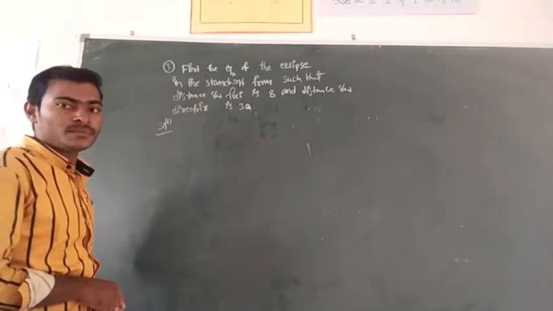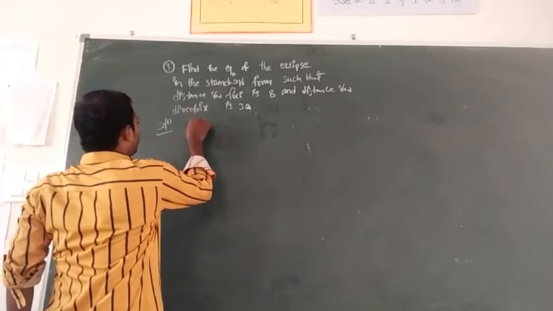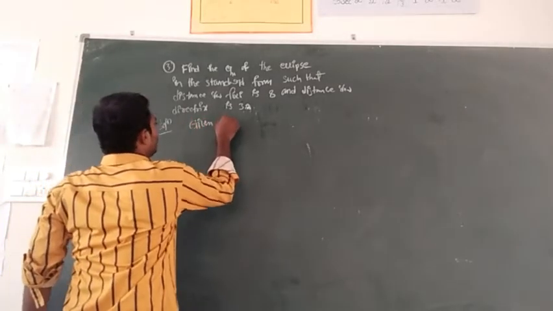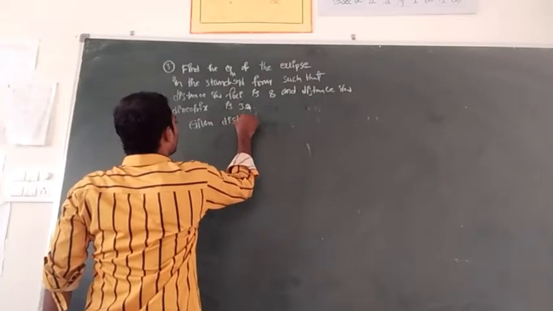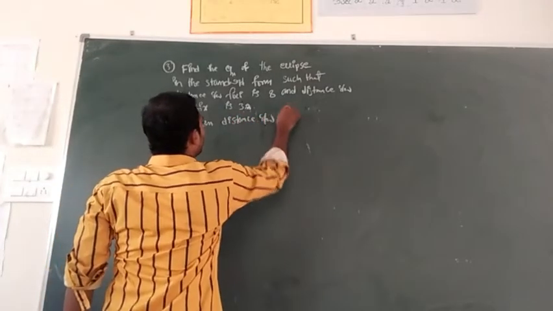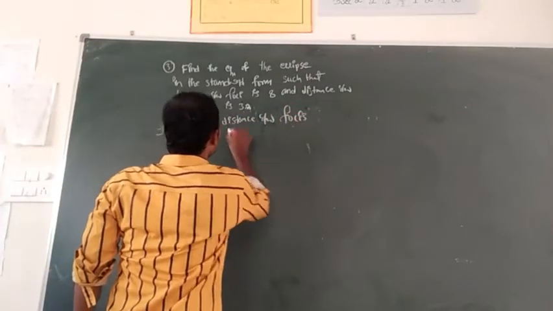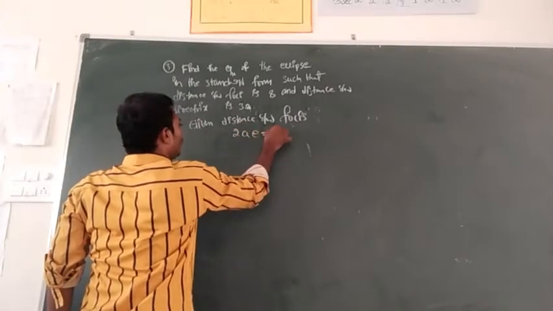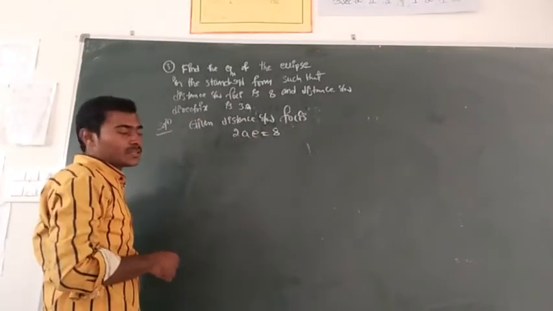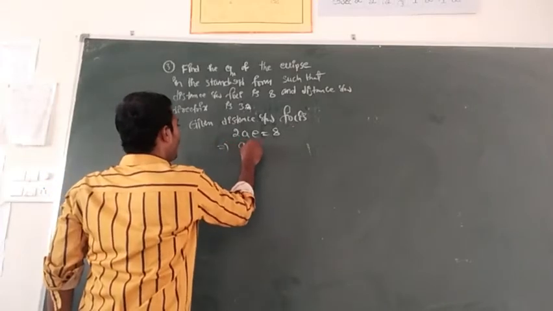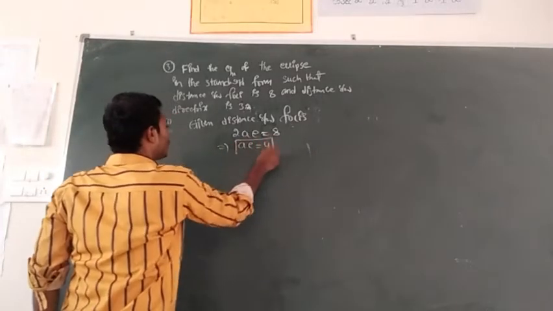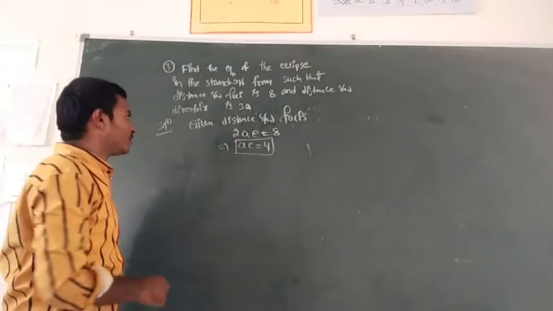To find the ellipse equation, now given the distance between foci, 2ae equal to 8, as we discussed previously. So that is ae equal to 4.